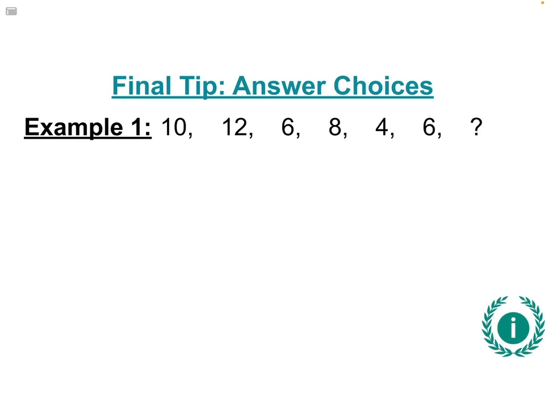There are, however, some instances where it may help to look at the answers if you are really, really stuck. If you can't identify a clear pattern, like with this example, we have a difference of +2, then -6, +2, -4, and then +2. You can identify here that there are two alternating patterns.